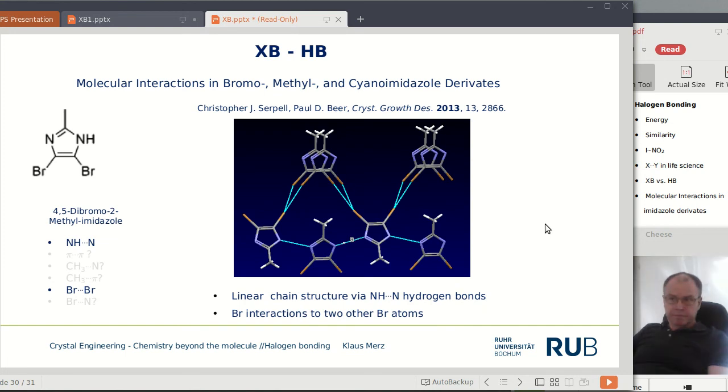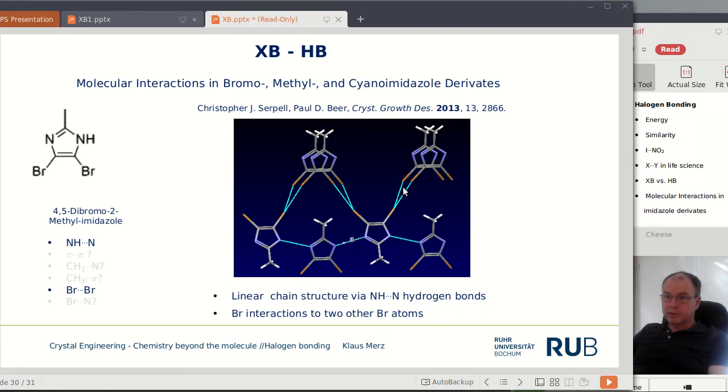Bromine. These are all suitable interactions. NH...N, once again, we see here. And additionally, the bromine has an interaction to the bromine, so a bromine-bromine interaction. We see no interaction between bromine and a typical halogen bond acceptor like nitrogen.